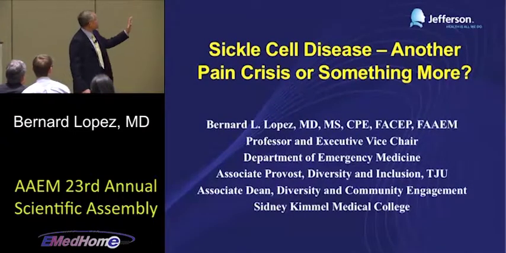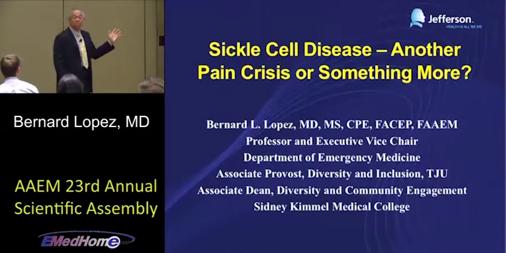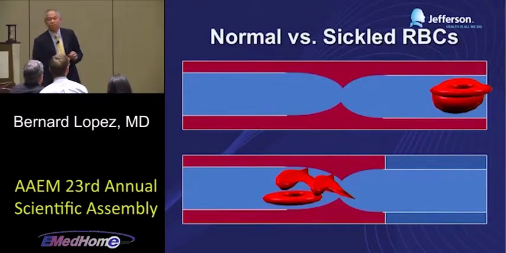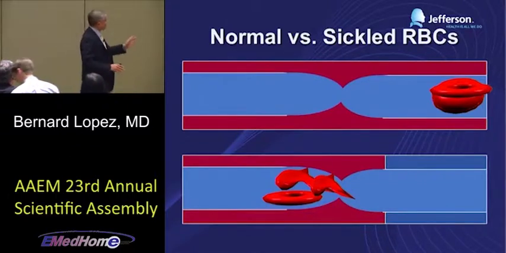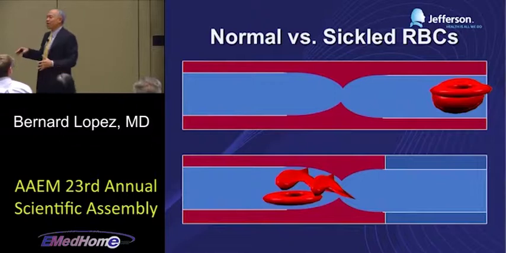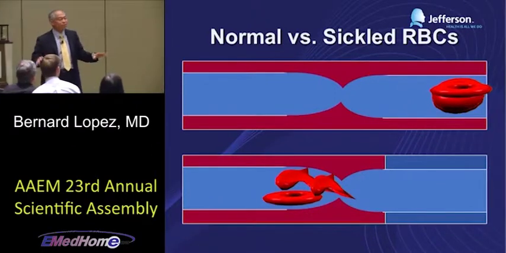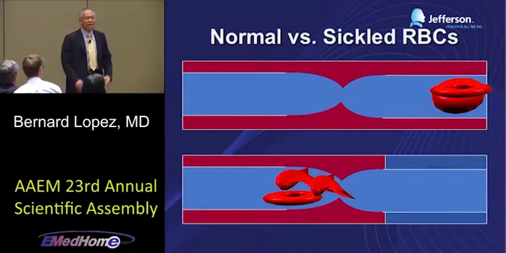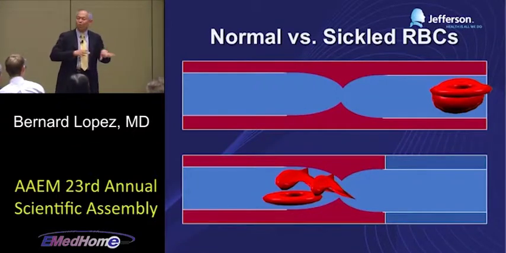So, sickle cell crisis, is it something more? Here's one of the easiest pathophysiology lectures you will ever have. This summarizes it: above are normal red blood cells that flow through the vasculature very easily. Down below are sickle cells. Sickled cells don't flow through.